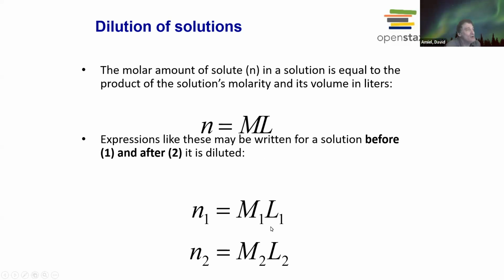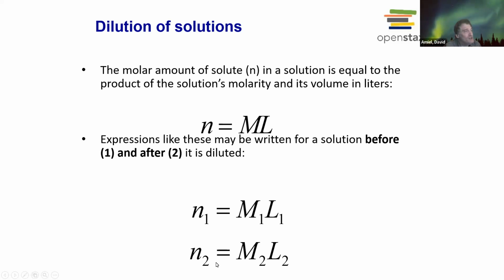Now, look at these next 2 equations. n1 is before the dilution, n2 is after the dilution. So n1 would be the stock solution, n2 would be the diluted stock solution. For the stock solution, n1 is equal to molarity times liters.